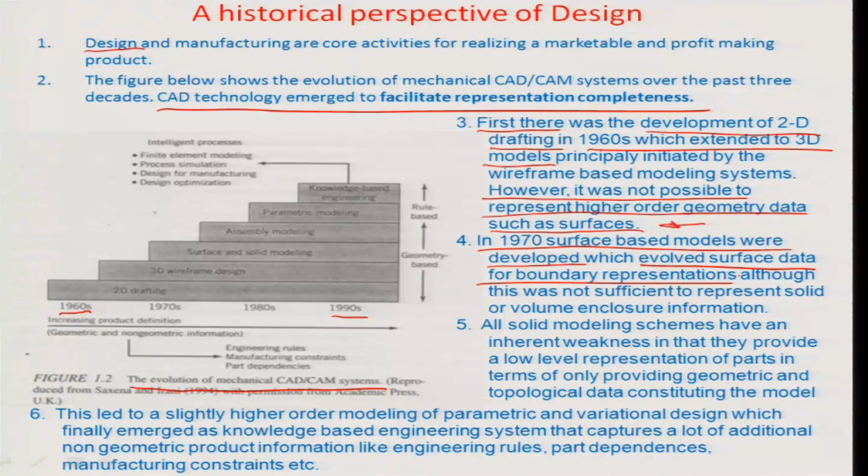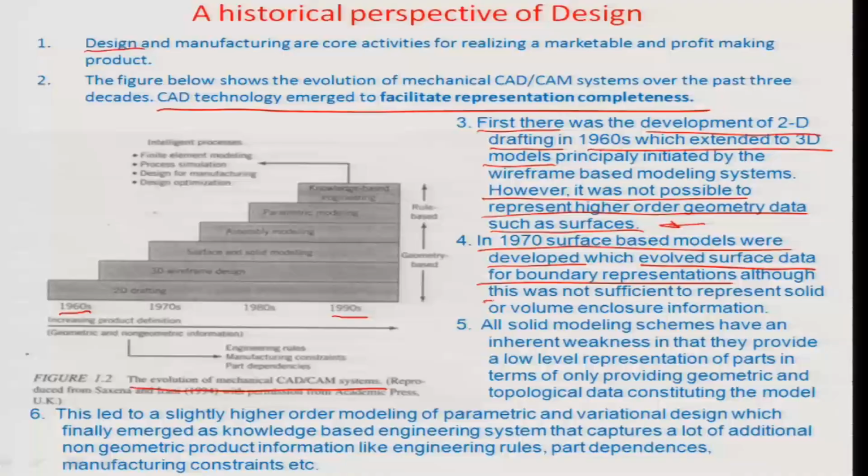For example, information about the volume of an object, if it is not a regular object, cannot be had by looking only at the surface data or the edge data.